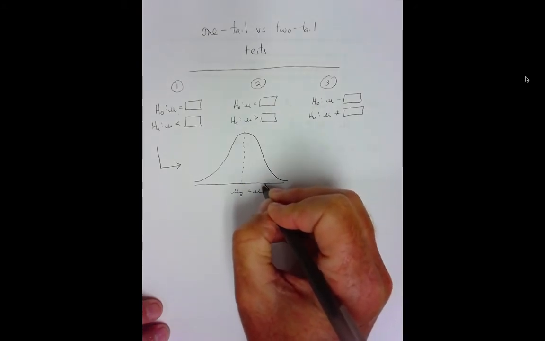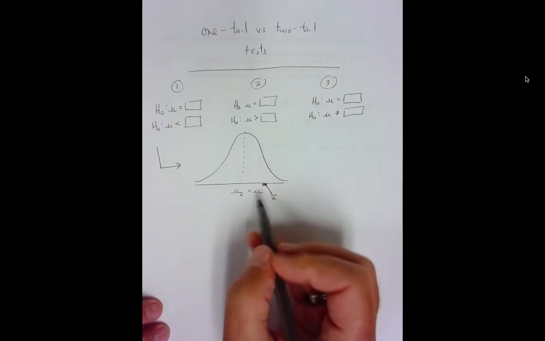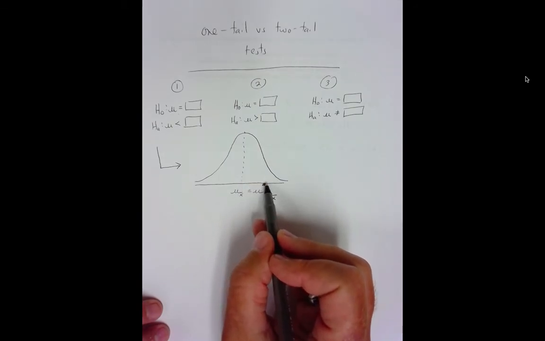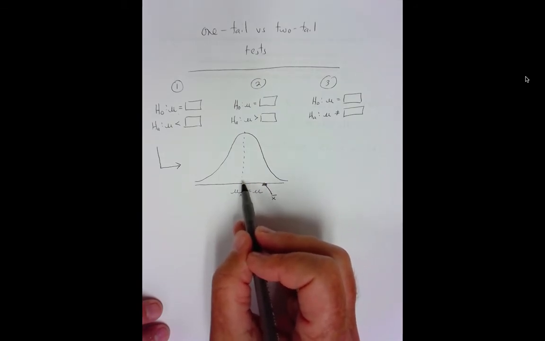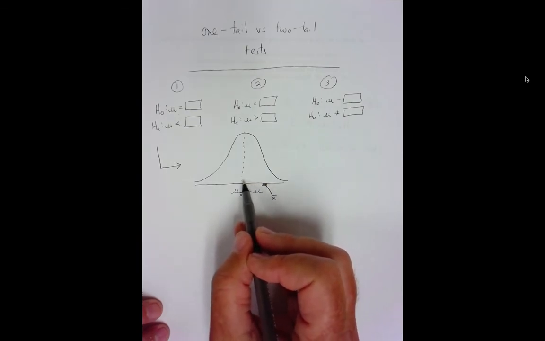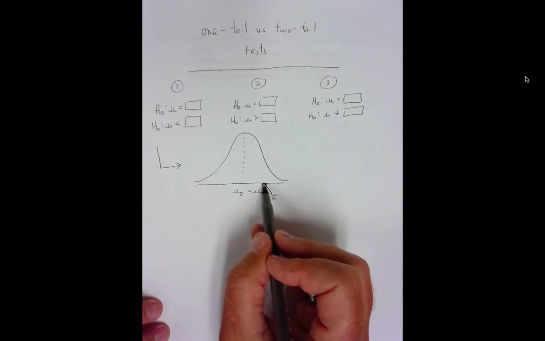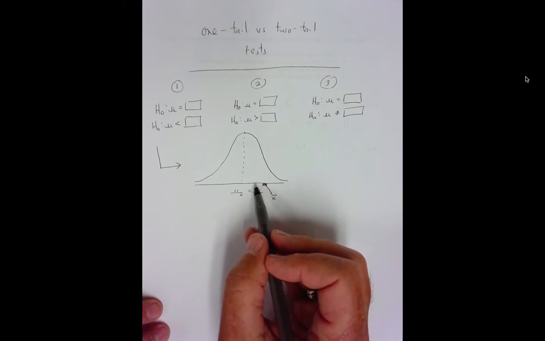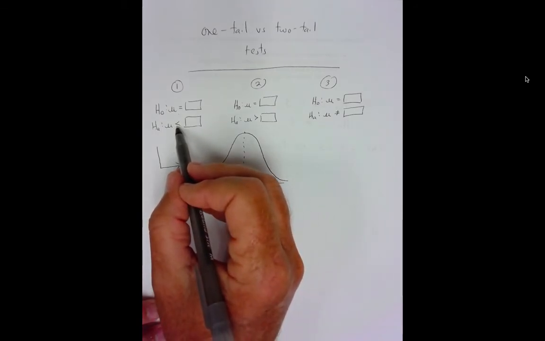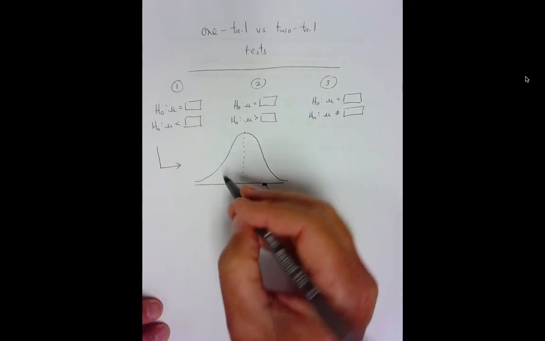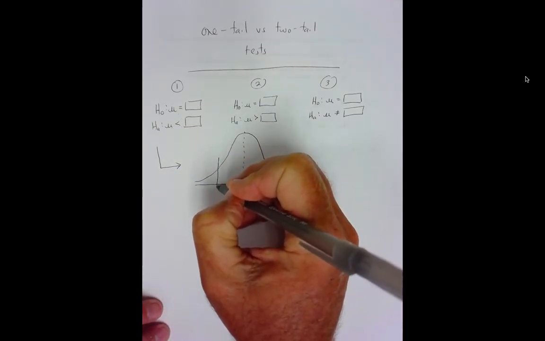We get some value, x bar. Is that close enough to this value to assume that this value must be true, and the reason we have a difference is just due to sampling variation? Or is this value too far away? Well, what we do is we create what's called a rejection region. So in this case, because we're testing to the left, we would have a line in the sand right here.